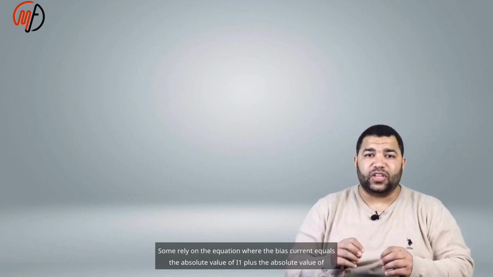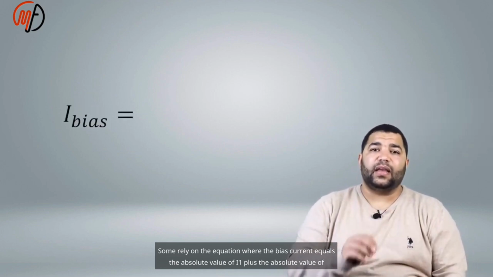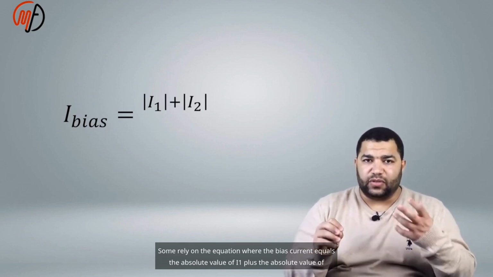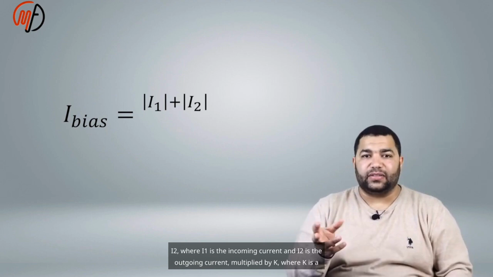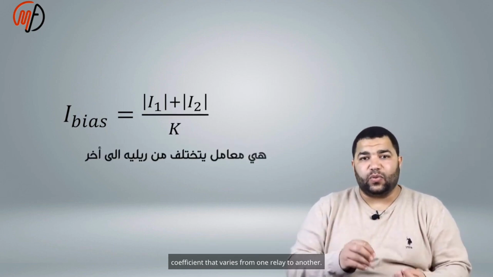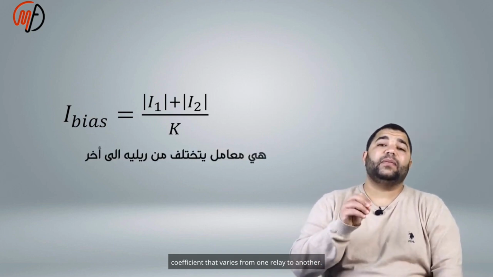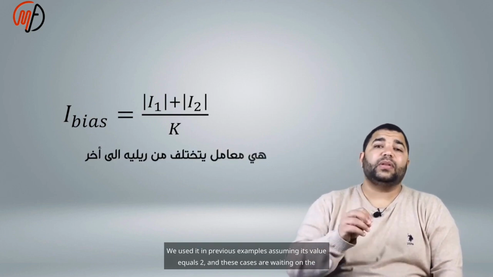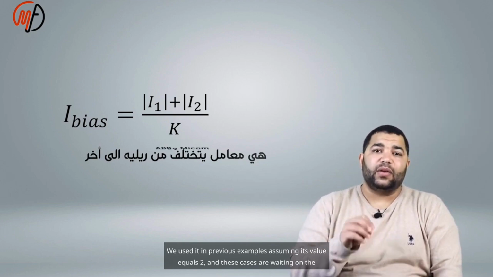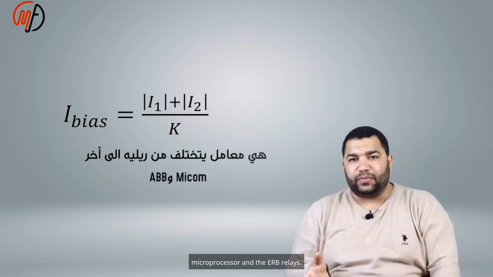Some rely on the equation where the bias current equals the absolute value of I1 plus the absolute value of I2, where I1 is the incoming current, I2 is the outgoing current, multiplied by K, where K is a coefficient that varies from one relay to another. We used it in previous examples, assuming its value equals 2, and these cases apply to the microprocessor and the ERB relays.